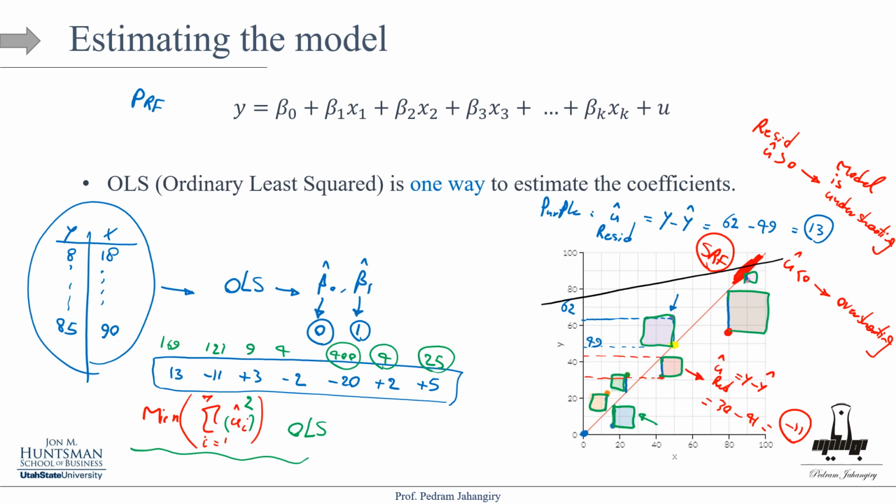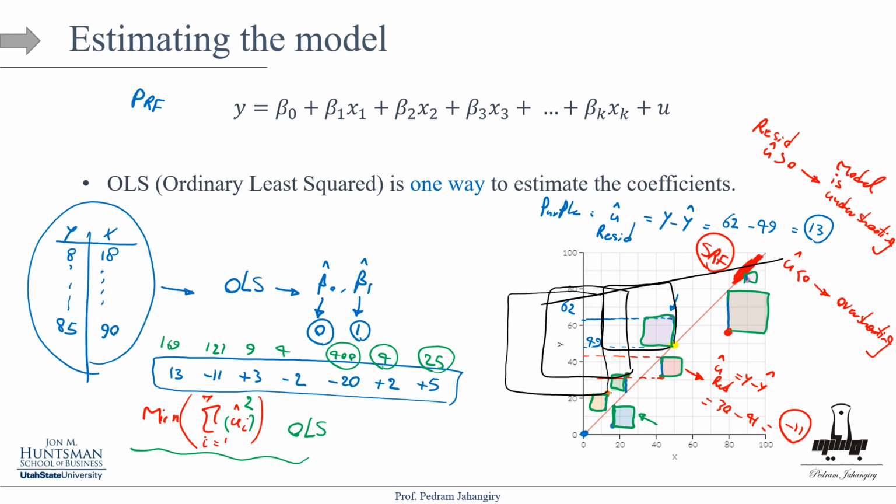Obviously for this line, the model is way off. Look at the error, it's crazy large. As you can see, these squares are a lot larger for the black line compared to the squares for the red line. That's basically what OLS is doing behind the scenes.